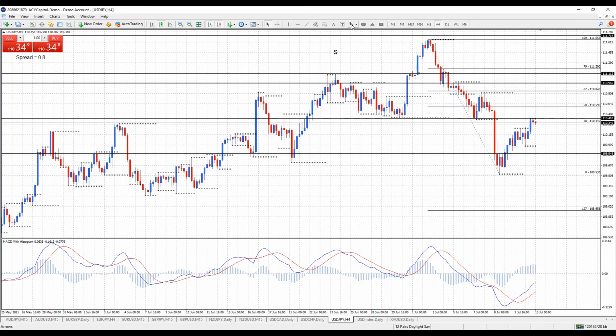Now what I can see is we've got our resistance levels around about the 111 level, and we've got a 79% fib level and a 62% fib level as well. So if we can move up into any of that area, hold, reverse, I'll be dropping down to a lower time frame looking for an opportunity to sell for the next decline.